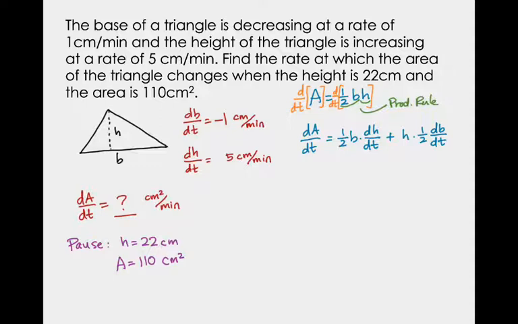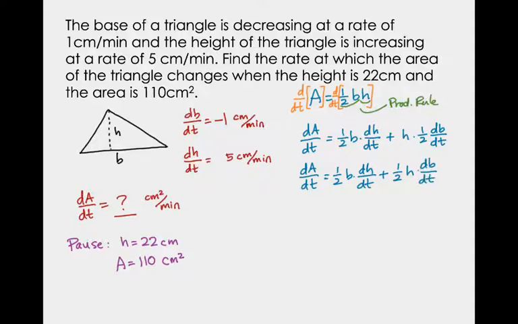All right, so we got a lot of variables in that equation. So actually I'm going to rewrite that: dA/dt equals 1/2 b dH/dt plus 1/2 h dB/dt. Just make this look a little better. We'll put the 1/2 in front of the h.